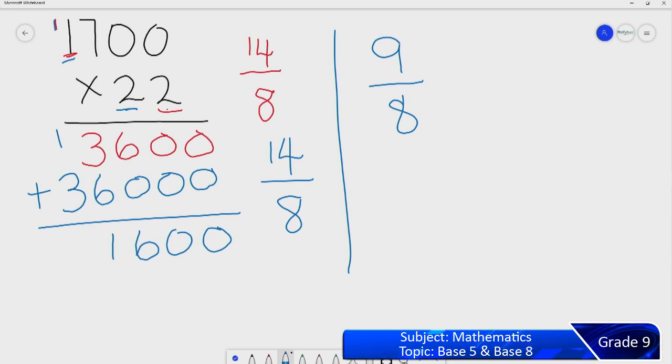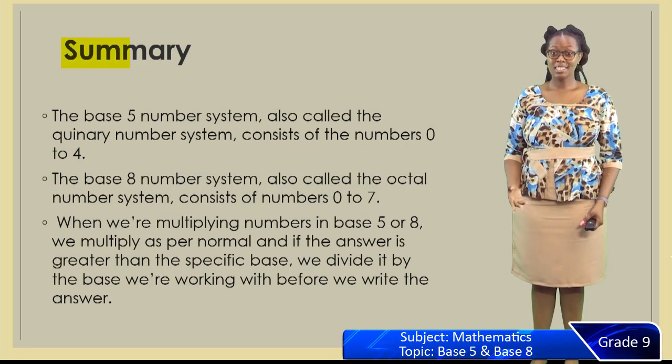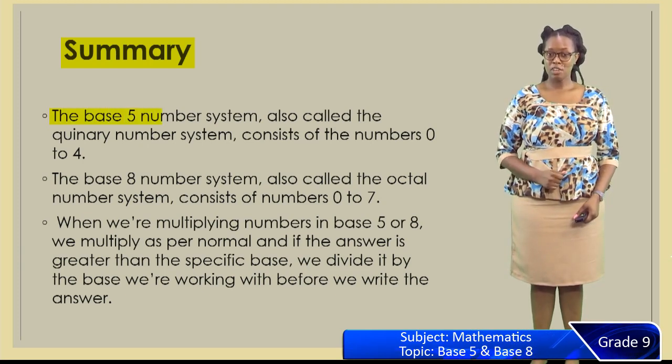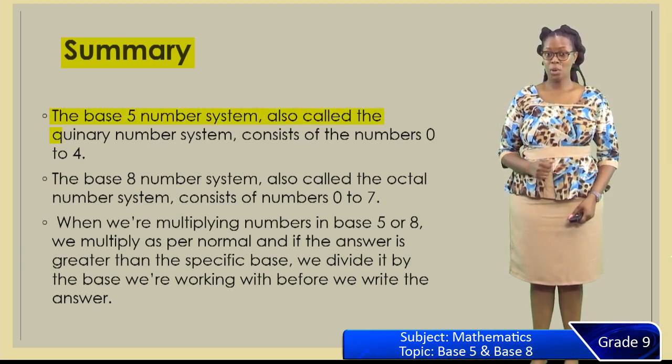And lastly, 3 plus 1 gives us 4. So when we multiply 1700 by 22 in the base 8 number system, we get 41600.